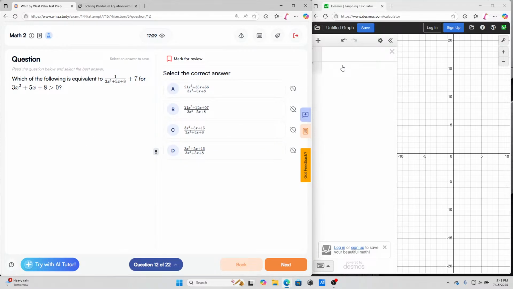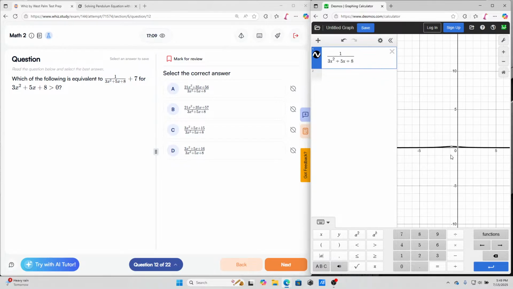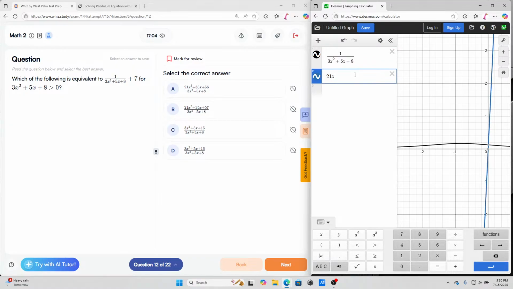So for this one, I guess we just graph it. Alright, and then we go zoom in here. Let's see.